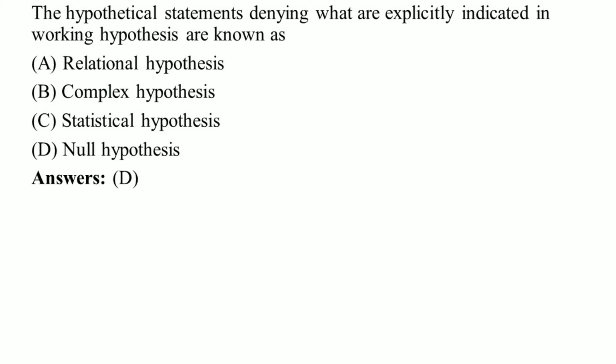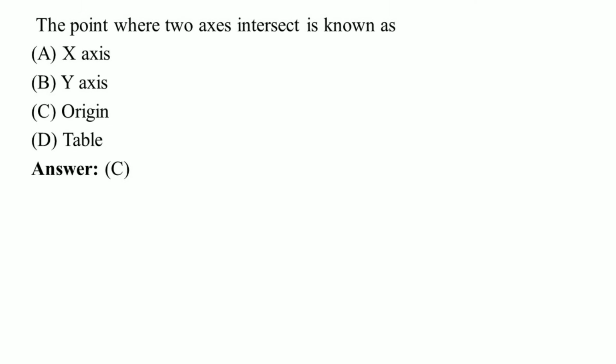Next one, the hypothetical statements denying what is explicitly indicated in the working hypothesis is known as, right answer option D, null hypothesis. As I mentioned in my earlier video, null hypothesis actually describes there is no relationship between two variables. So it is actually denying. The point where two axes intersect is known as, right answer option C, origin.